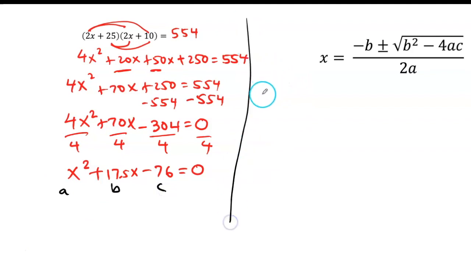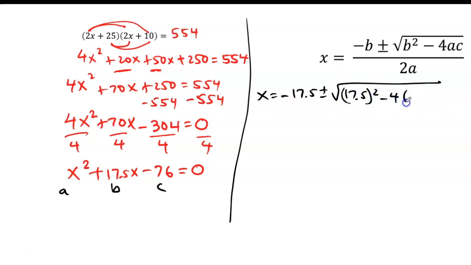So x equals negative b, which is negative 17.5, plus or minus the square root of 17.5 to the second power minus 4 times a, which is 1, times c, which is negative 76, divided by 2 times 1. And now let's do fast math.